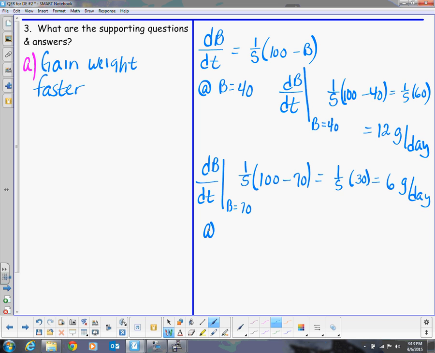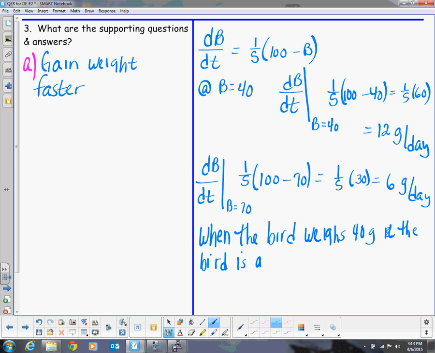So when the bird weighs 40 grams, and I don't want to use pronouns, so I'm going to say the bird is gaining weight faster, because one option is to say 12 is greater than 6.